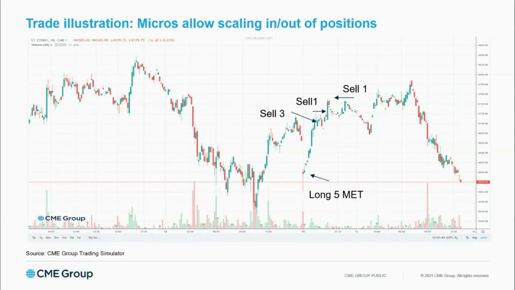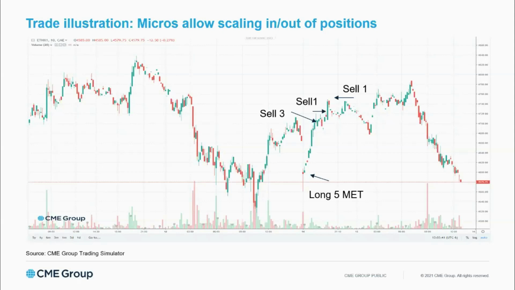They want to maintain some exposure to see if they can get a higher price, as they believe the price is going to appreciate. So they leave 2 contracts on. They take another contract off at 47.20 and their last contract off around 47.60. So just as this trader did, they scaled out of a position. They left a portion of their position on to go soar to a higher profit target.